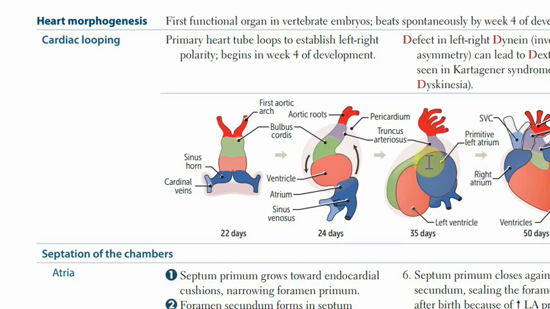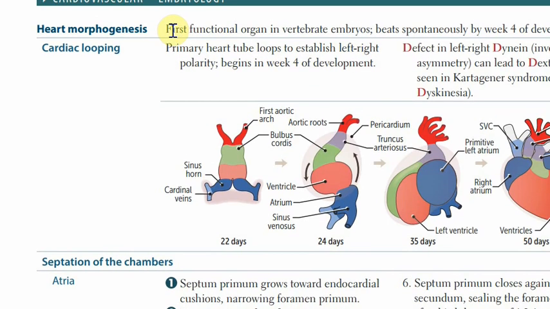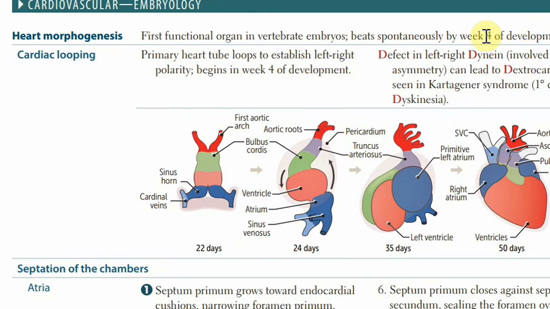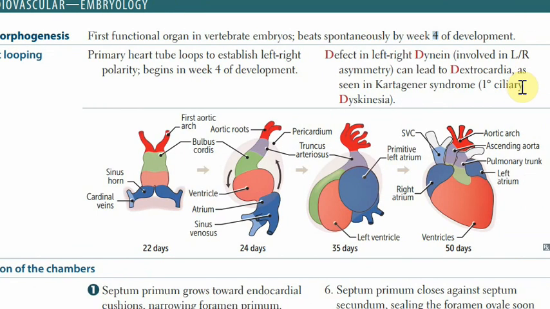So let's speak about where the heart comes from. You have to know that it is the first functional organ of our body when we were fetuses, because it has to pump the blood inside our body. And it starts working as early as 4 weeks in gestation.